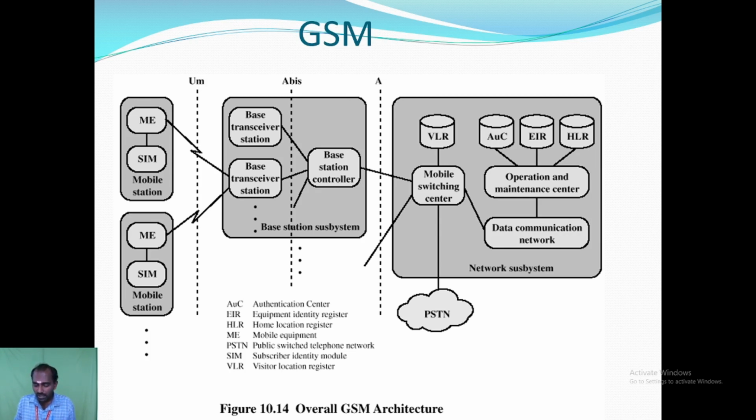It is a cellular network, the most popular second generation cellular system. It supports voice and data services. It uses a combination of both FDMA and TDMA schemes. The modulation technique used is Gaussian minimum shift keying.